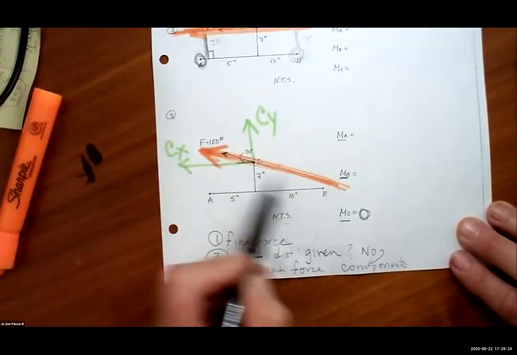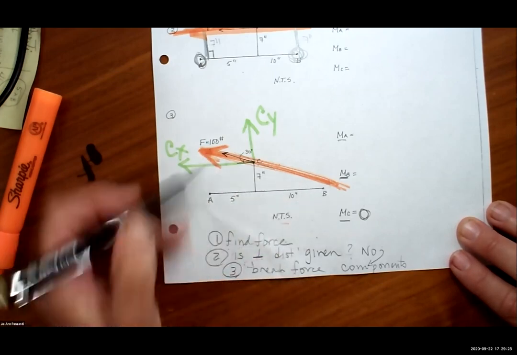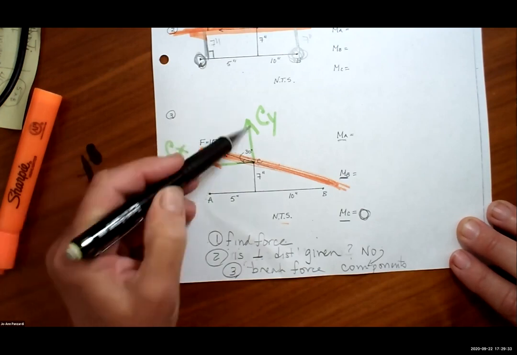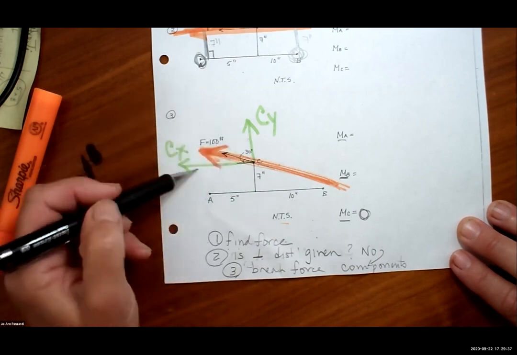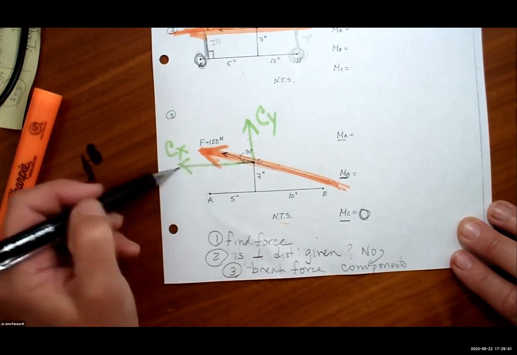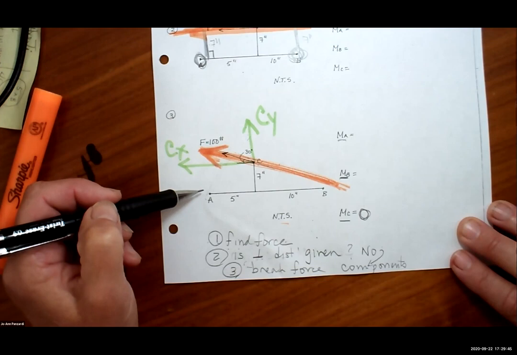Jason with an E. So when I had the given force, I was looking at the perpendicular distance to A, it's not given, so I'm breaking the force into components. Can I now find the perpendicular distance from the CX force to point A? It's just a yes or no. Let's go with yes. Okay, and the CY.